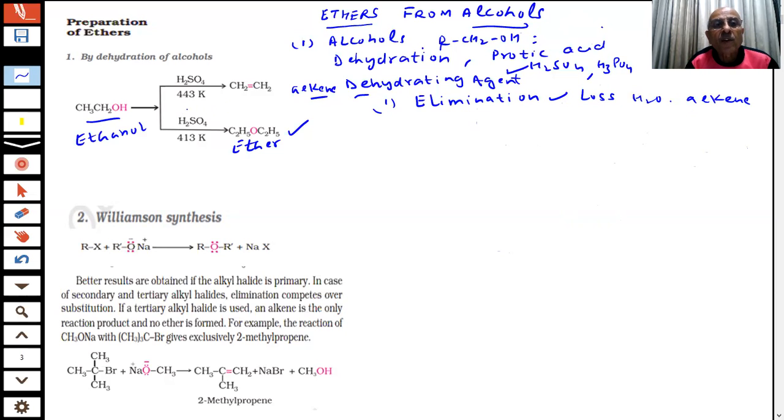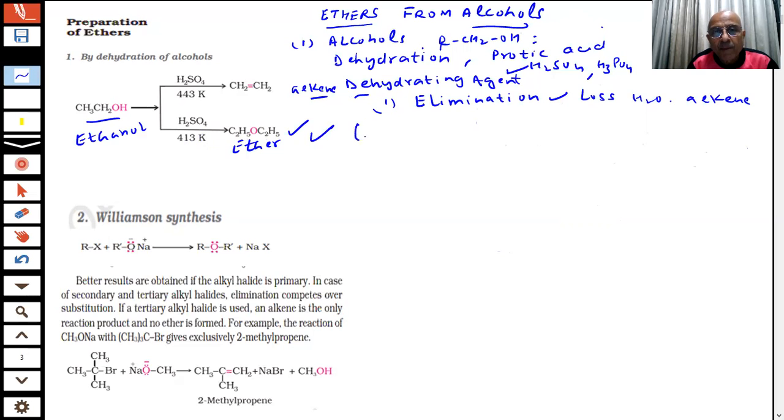So when ethanol is reacted with H2SO4 at 443 Kelvin, you are getting ethene. This reaction we discussed when we talked of dehydration of alcohols. If you remember, I discussed the elimination reaction of alcohols. But when ethanol is reacted with H2SO4 at 413 Kelvin, ether is obtained.